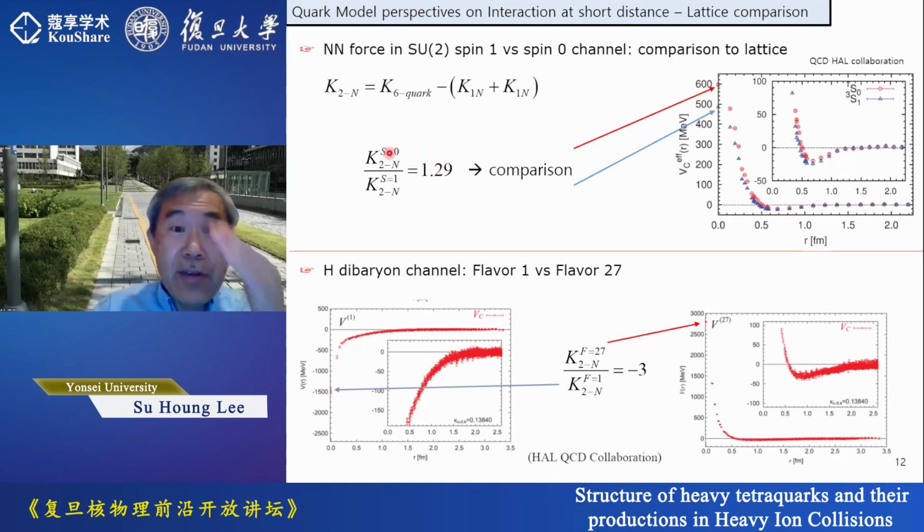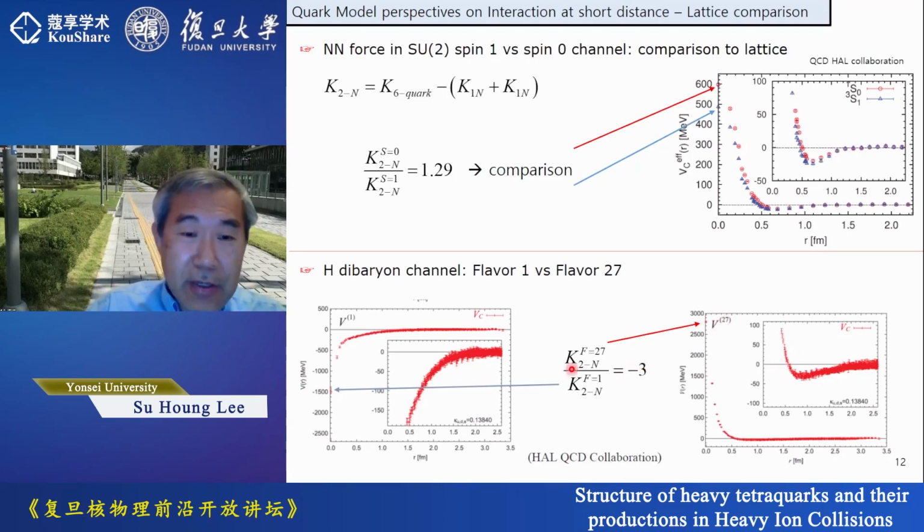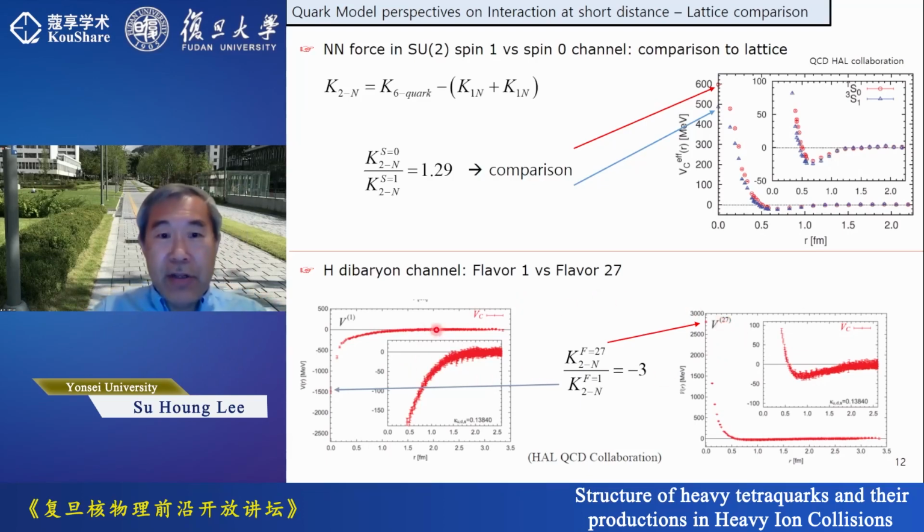The K factor that we obtain for the difference of these two channels is also something like 1.29. The H baryon channel is, as I said, attractive. For the K factor ratio with the 27, it is -3, meaning one of the channels should be negative, and this is more or less what you observe in the lattice calculation.